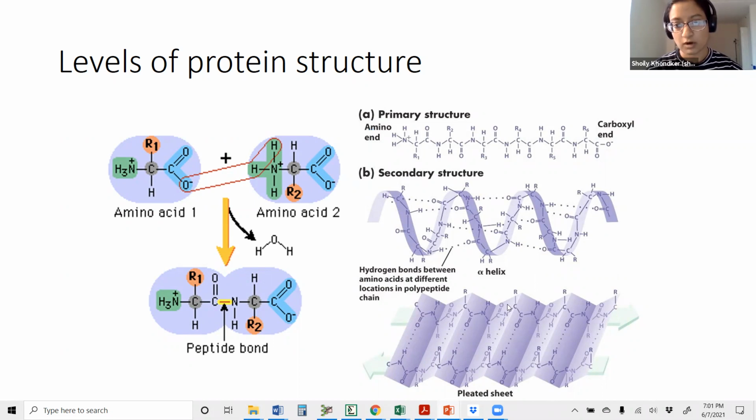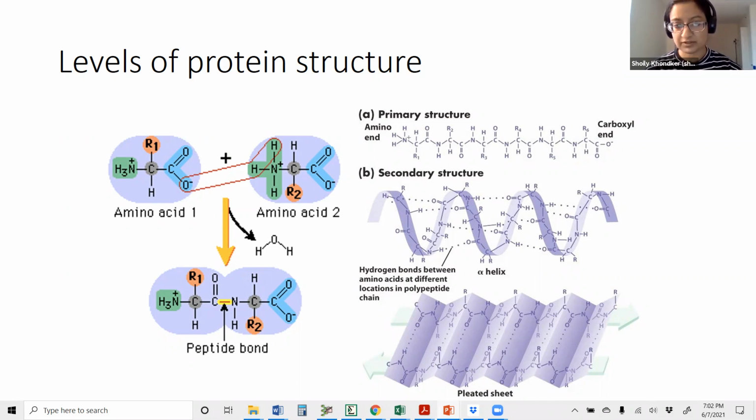From here, it can form a secondary structure. Some examples of secondary structures are the alpha helix or the beta pleated sheet, and which form the secondary structure is going to take is dependent on the hydrogen bonds between amino acids at various locations within the polypeptide chain. In addition, it can also be affected by cysteine residues through disulfide bonds.